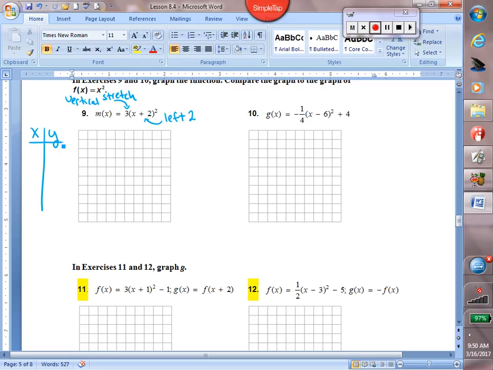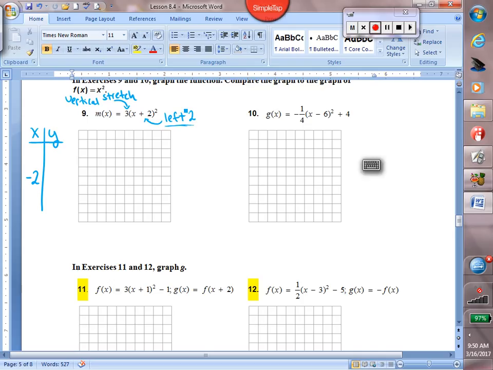We only moved our graph vertically, up or down. Now that our graph is moving left or right, now we have to stop and think about, where's the middle of my graph going to be? The middle of my graph has been moved to the left 2. So if I move to the left 2, that means the middle of my graph is now at -2.